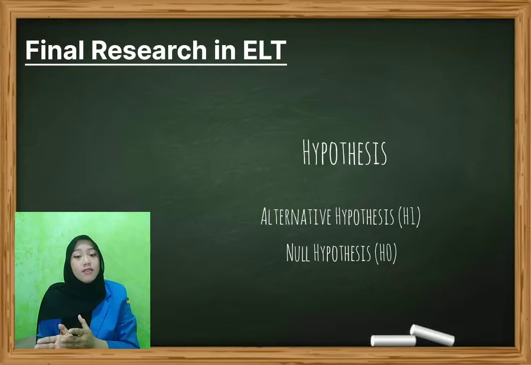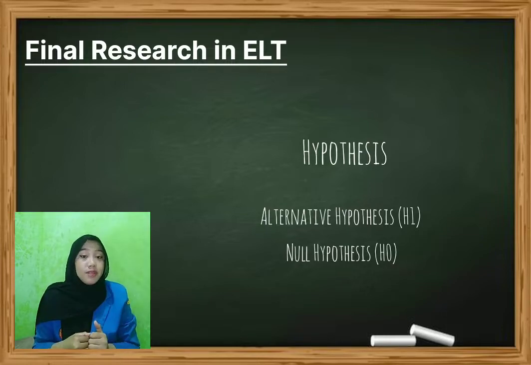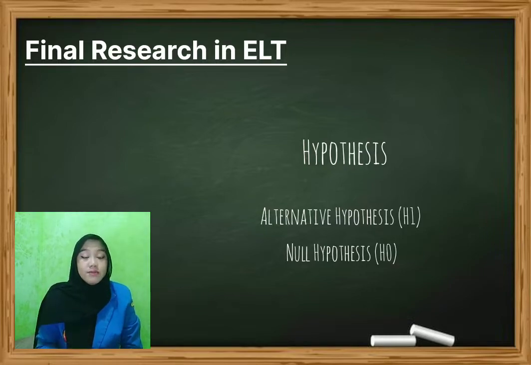So the alternative hypothesis is there is significant improvement student speaking skill at 11th grade student of SMA Negeri 5 Palu taught by using English song. And the null hypothesis is there is no significant improvement at 11th grade student of SMA Negeri 5 Palu taught by using English song.